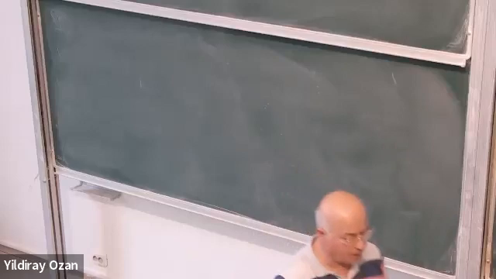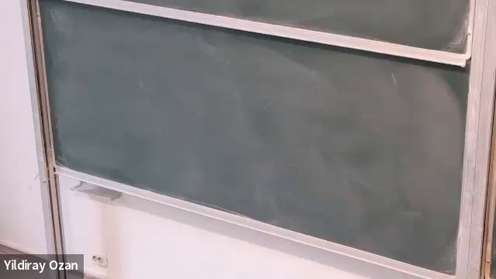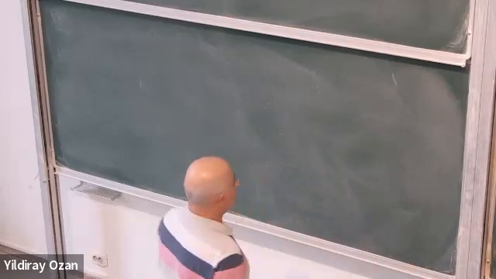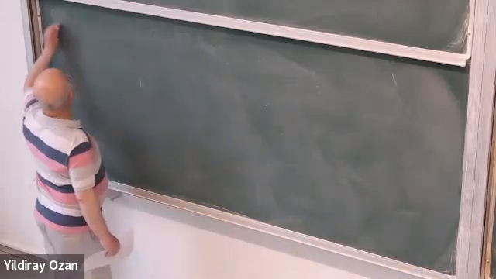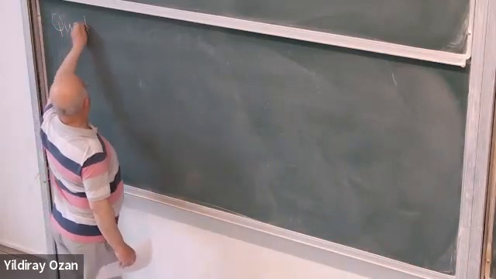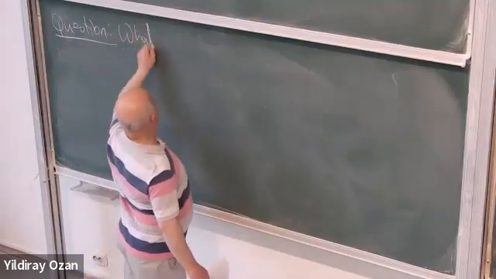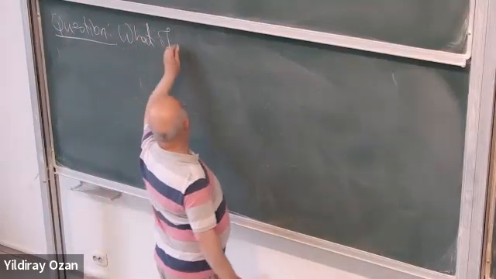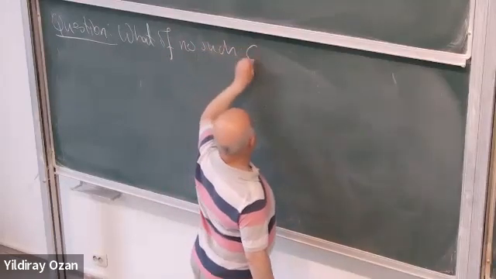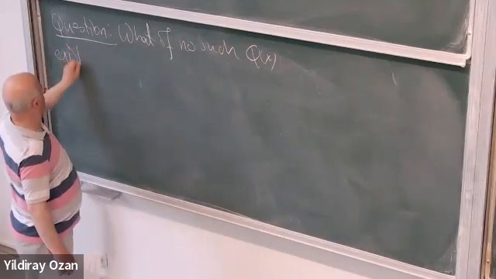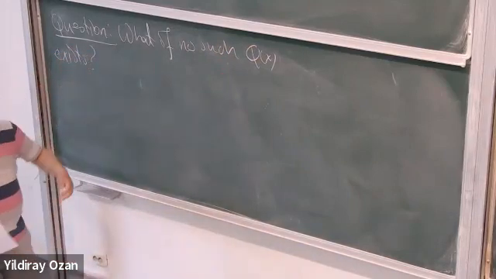Actually, proofs are in the book, but I'm just giving you more explanation. So the question is now, what if no such polynomial exists? Yani bu ne demek?